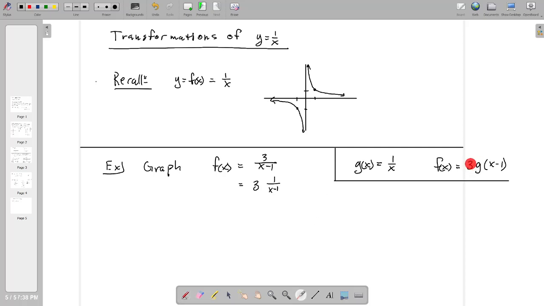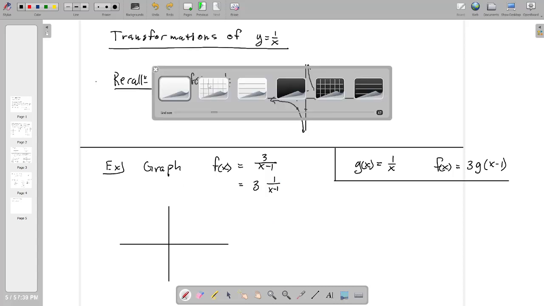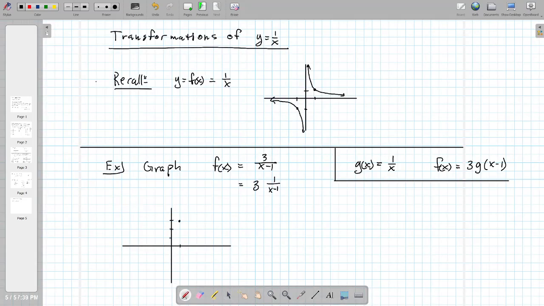So this stretching by 3 units vertically will pull this up to 1, 3, and this down to -1, -3. This graph here will be the stretched version of 1 over x. It'll look like this. So this graph here is y equals 3 divided by x.